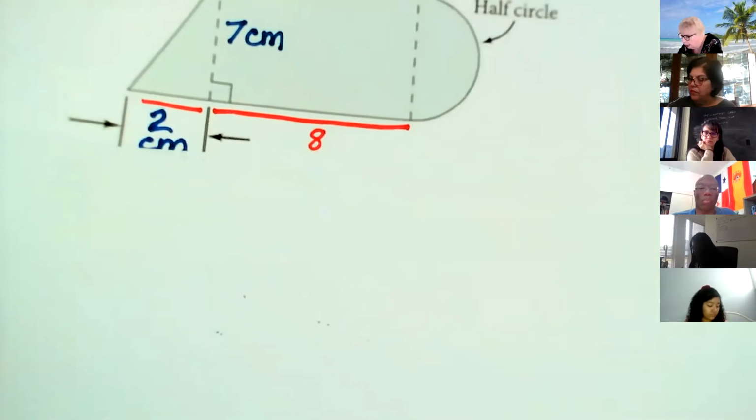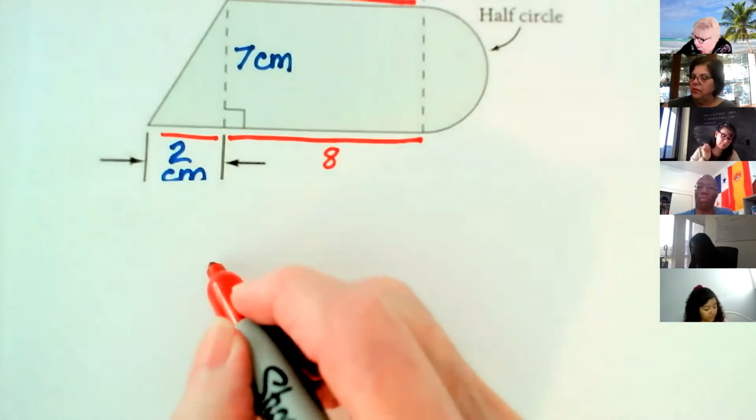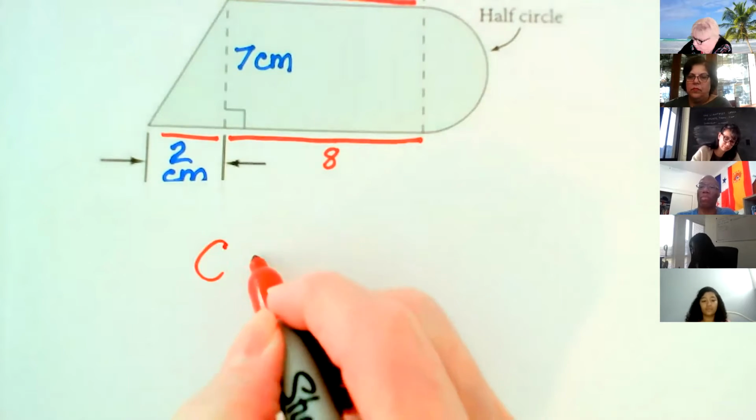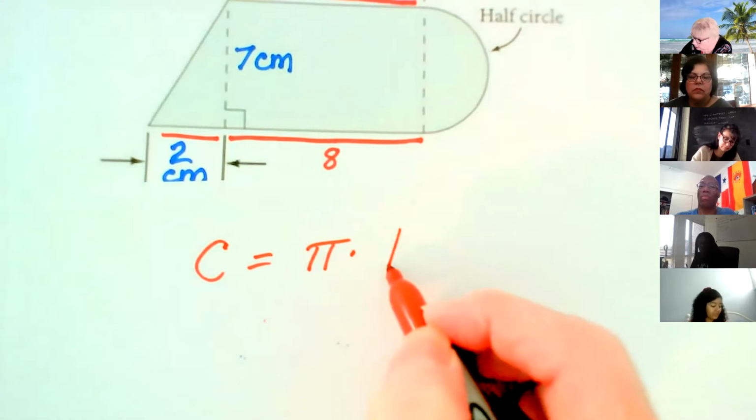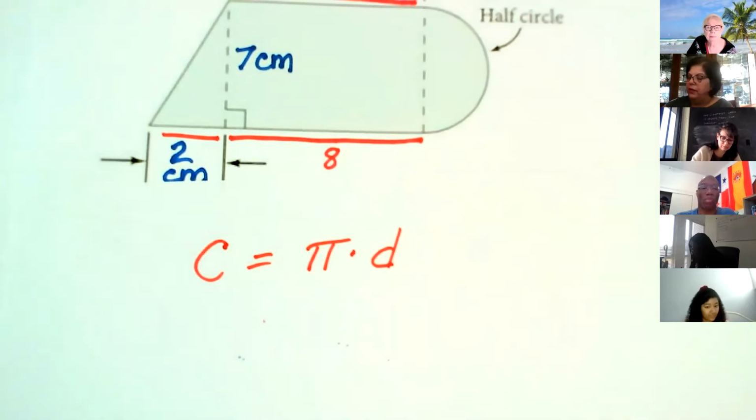So I'm going to do the half circle first. And the formula we had was circumference equals pi times diameter.